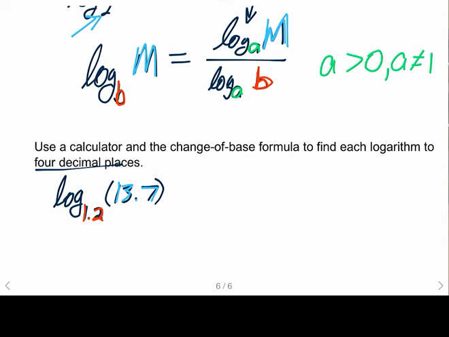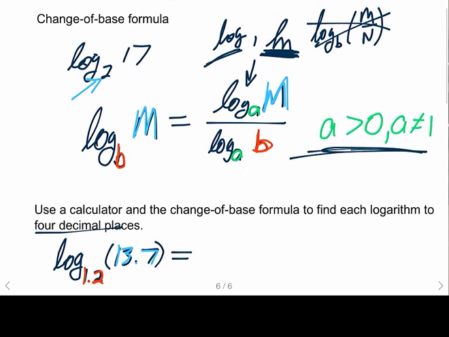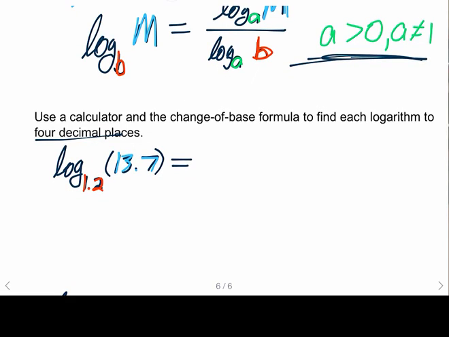And when we change the base, we can change it to any base we want, provided that they match. Because I'm going to use the calculator, we want to use either the natural log or the common log. For this first example, I suppose I'll use the common log, and so log of 13.7 divided by the log of 1.2.